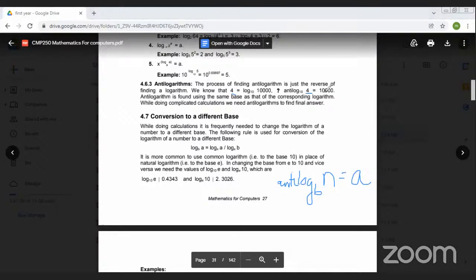The a part. Understood? So from anti-log, I can find a. Now, anti-logarithm is found using the same base as that of the corresponding log. While doing complicated calculations, we need anti-log to find final answers.